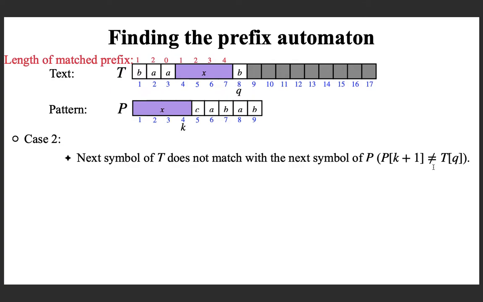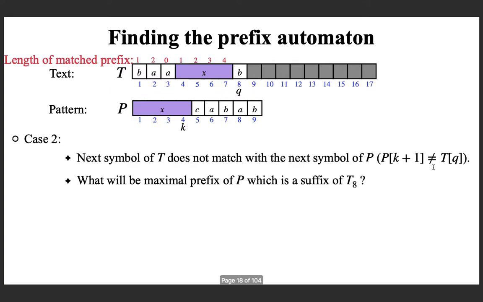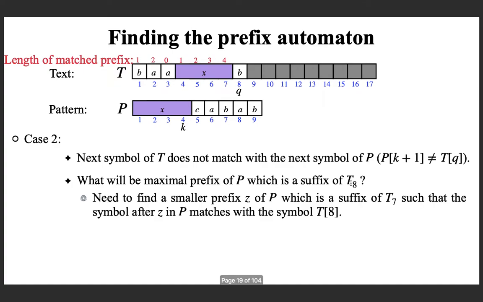Then you have to actually find the maximal prefix of P, which is a suffix of T8. Now you are extending the opened string because you just opened 8, so it should be the first 8 characters of T. So what will be that?